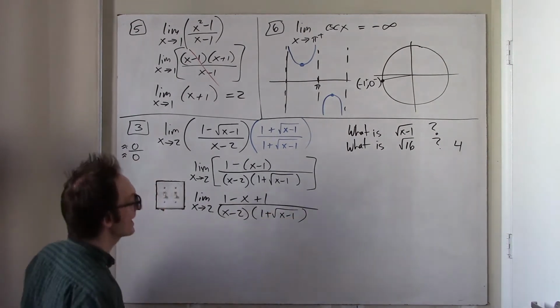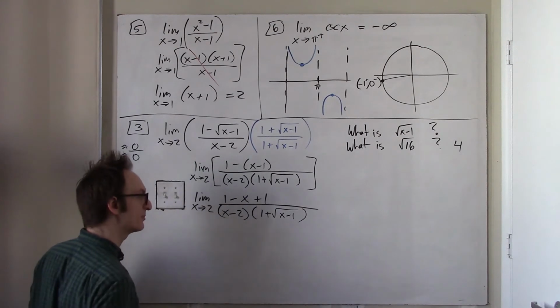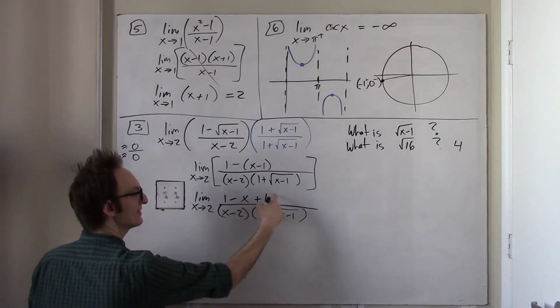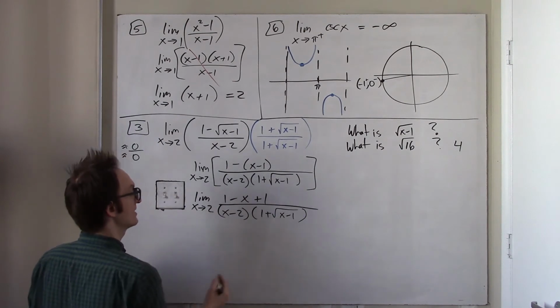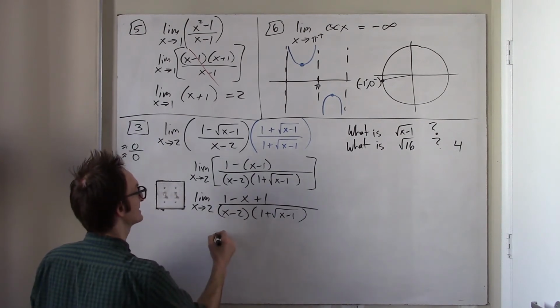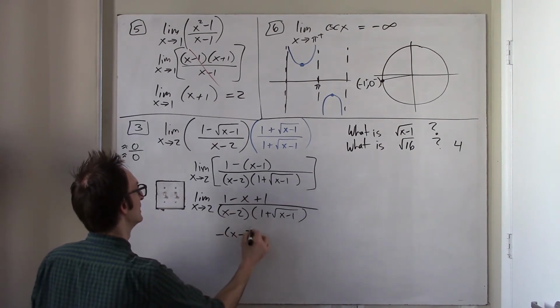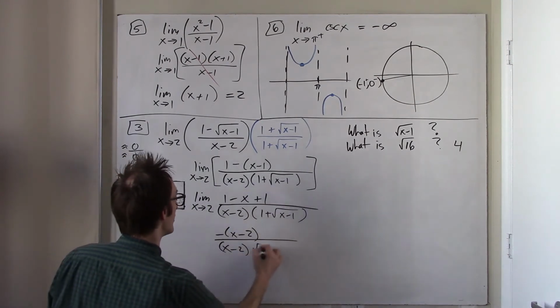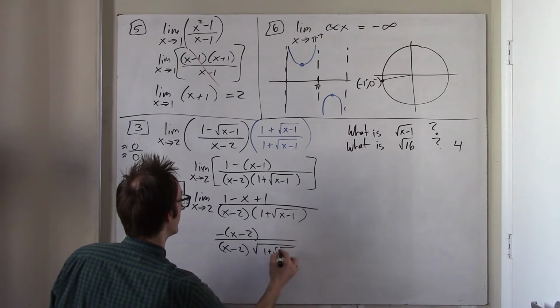What's up with that? Well, that's just 2 minus x up there. If that's just 2 minus x, then perhaps I even write it as negative (x minus 2), since that's what it is.